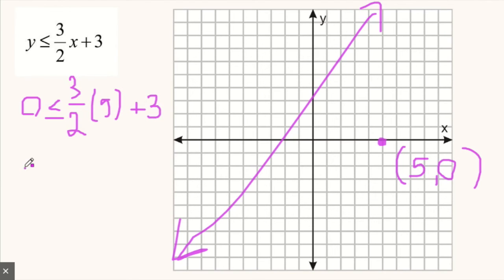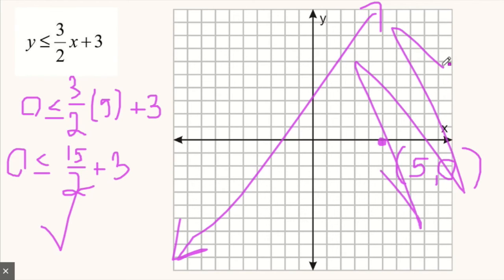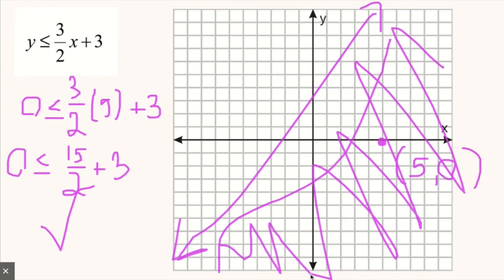And then you just solve this. 0 less than or equal to 3 over 2 times 5, which is 15 over 2, plus 3. Now, is 15 over 2 plus 3 less than or greater than 0? It is greater than 0. And the equation says 0 is less than this number, which is true. Because this is true, and our point is over here, we would shade this side of the line. And this would be our answer.